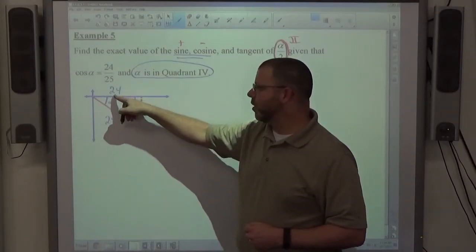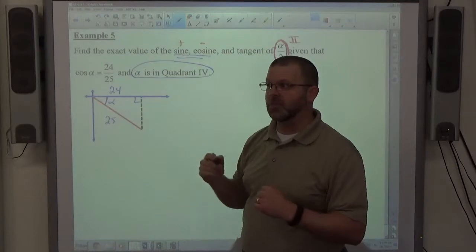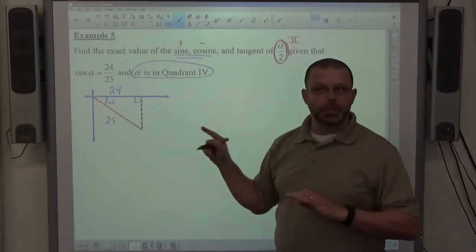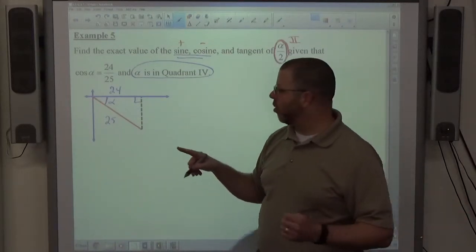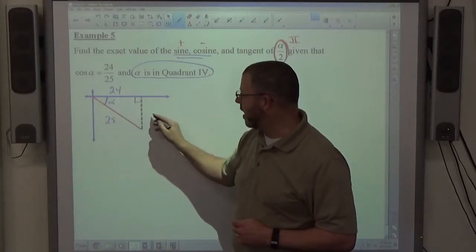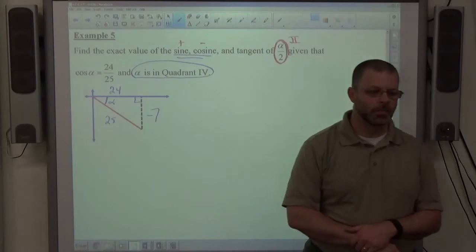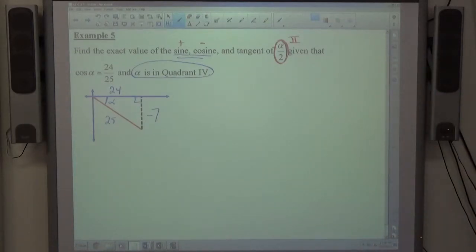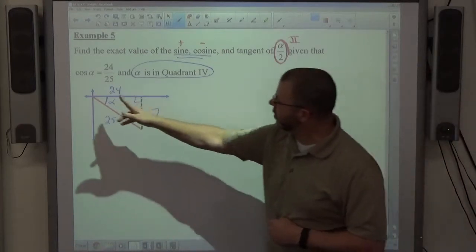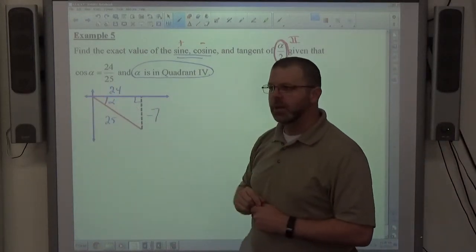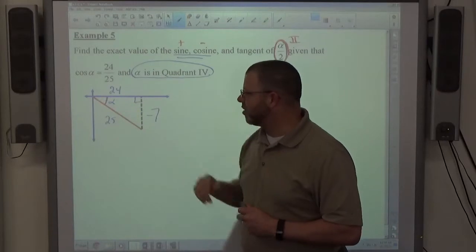The hypotenuse is always positive. And we're going to the right for this dimension, so obviously that's positive. And the Pythagorean triple, we've seen this quite often in the homework, 7, 24, 25. But since this is going down, it's a -7. So we can very easily identify our triangle in the correct quadrant with the correct signs on the horizontal and the vertical legs. The hypotenuse, again, is always positive.